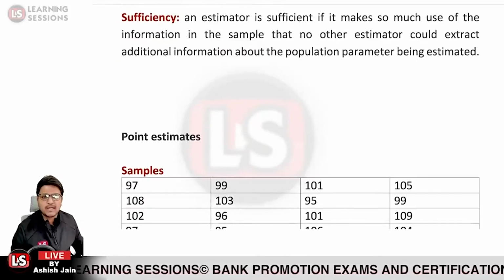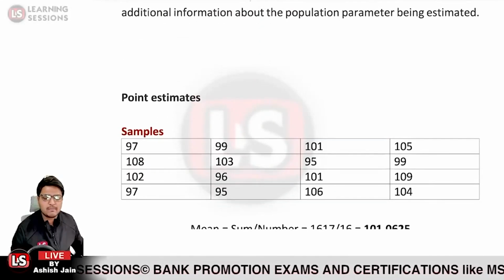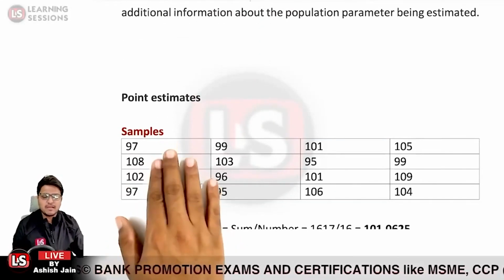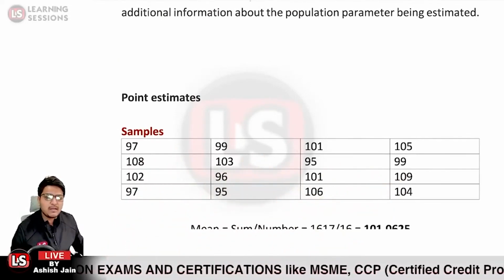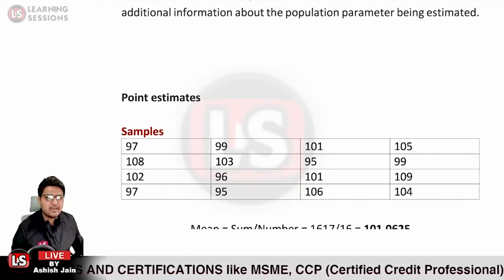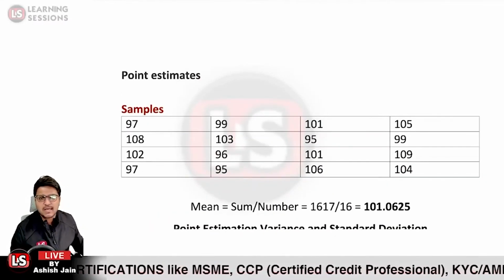Further, it is related to the point estimates. Over here we are provided with different sample entities, 97, 99 and so on, 16 entities in total.